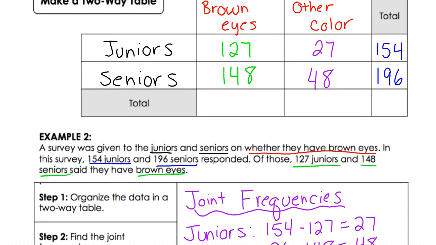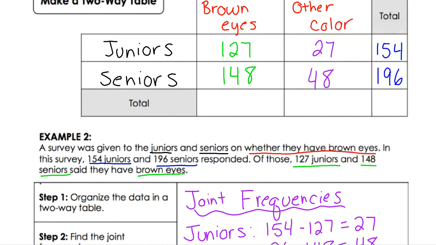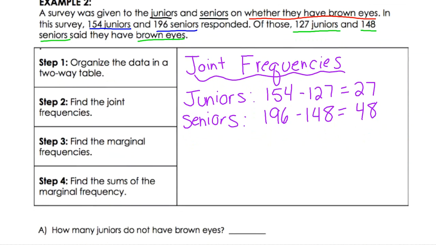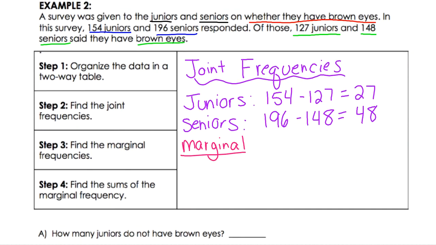I've already got the marginal frequencies for the rows. Now I'm just going to calculate it for the columns. So in the columns, I'm going to add what I have together. For my marginals here, in the brown eyes category, I've got 127 and 148.